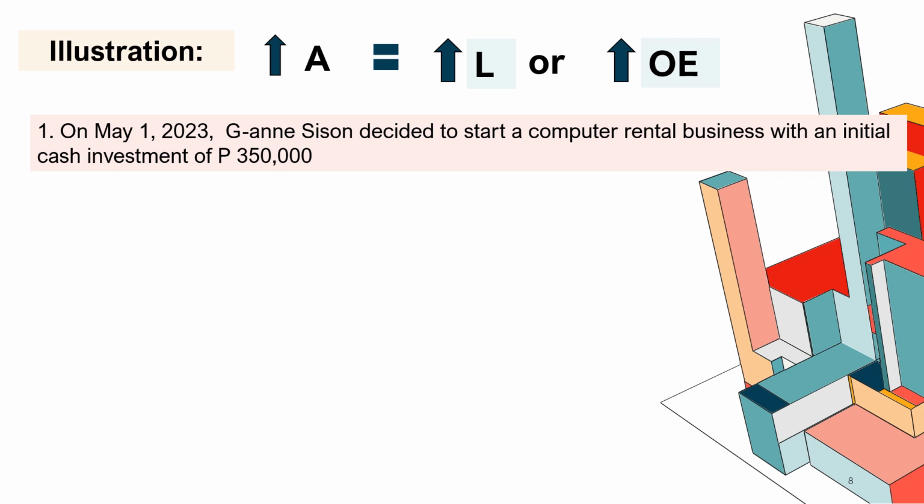Okay, in this transaction, what elements or what items in our accounting equation are affected? So we have the assets because there is cash involved, and what else? Since the cash is actually the initial investment of GN, our owner's equity is also affected.